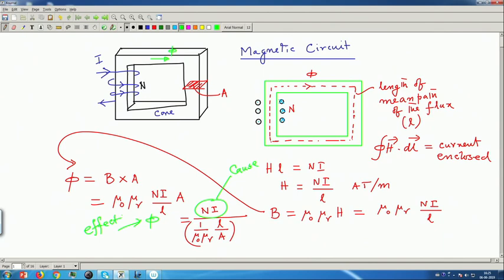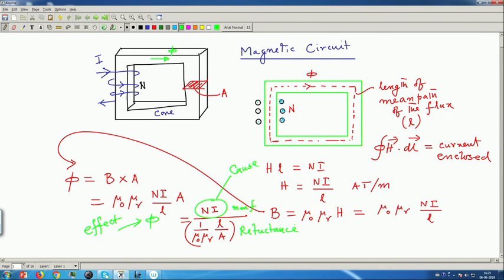Is it not? I have supplied an MMF, and this magnetic circuit returns a flux phi. And how to calculate that flux? This is called MMF, and this is called reluctance. And that is why the name magnetic circuit.